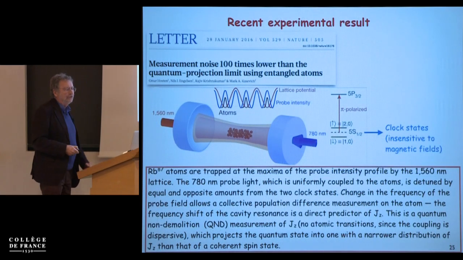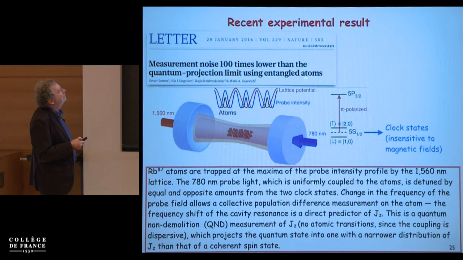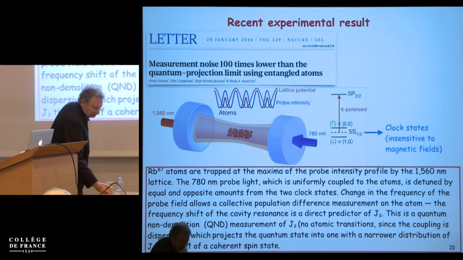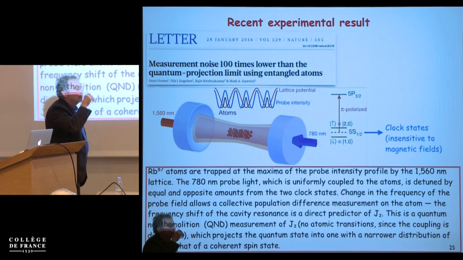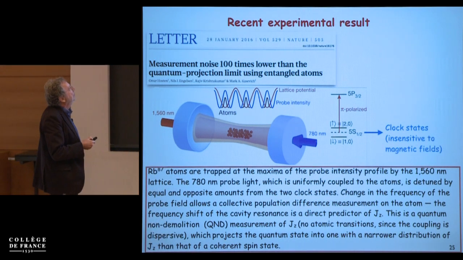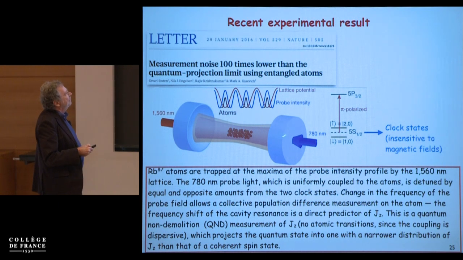Another recent example is the use of entangled atoms to increase the precision in the measurement of, for instance, a phase. This is a paper which was published in January by the group of Kasevich. And the idea is the following. You have here a cavity. These are semi-transparent mirrors.